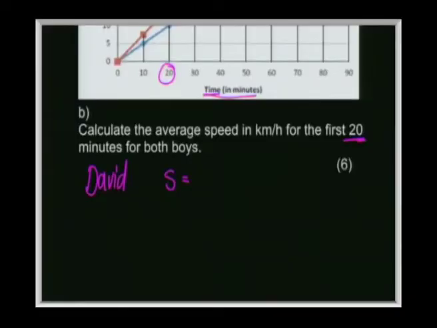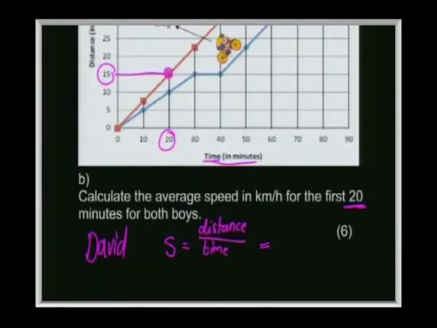So do you remember the formula for speed? Speed is equal to distance over time. Now we're going to have to fix things a little bit, but let's put in what we know. The distance that David did was 15 kilometers.